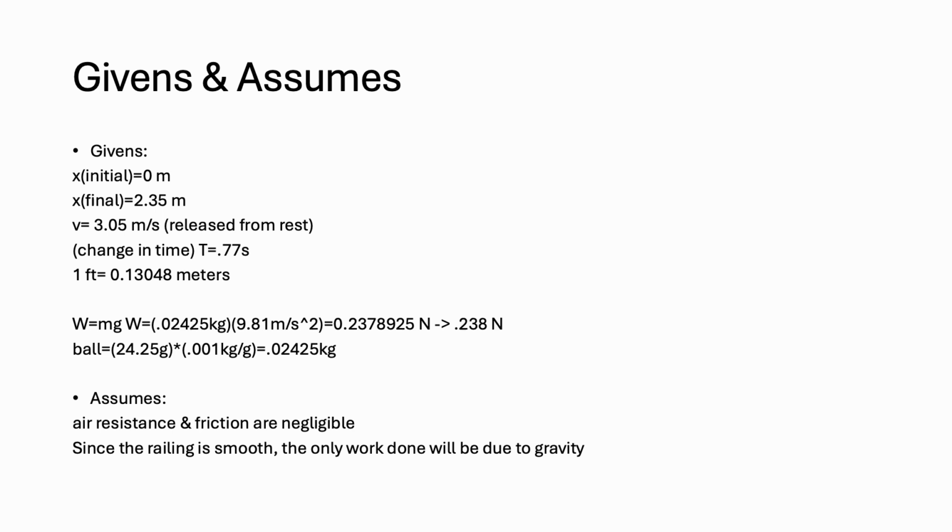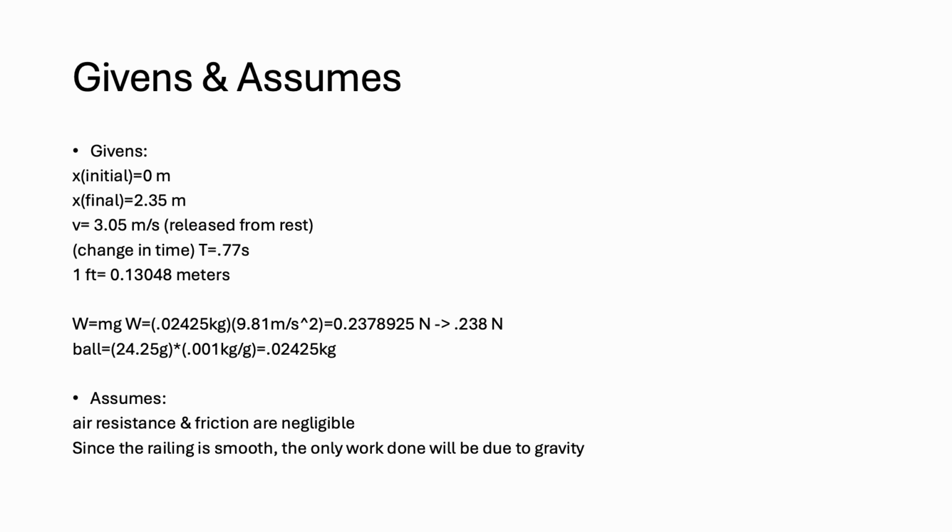So our givens would be, it starts at 0 meters, it ends at 2.35 meters, based on converting feet to meters. The velocity from point A is 3.05 meters per second released from rest. We got that from the delta distance over delta time, and the change in time, which would be 0.77 seconds.